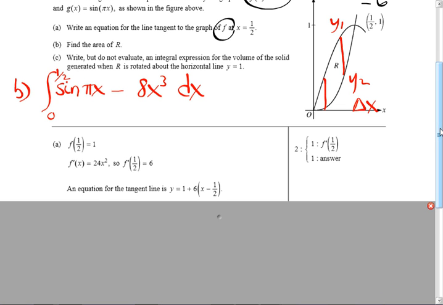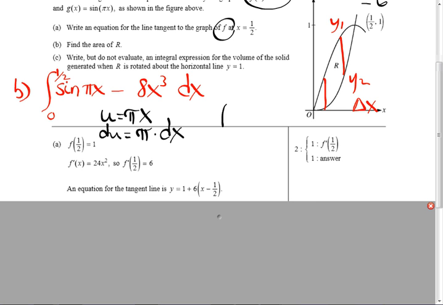How about if we do a u substitution? u equals pi x. And what's du? It's pi times dx. Review those u substitutions; they'll be in the multiple choice part of the exam.